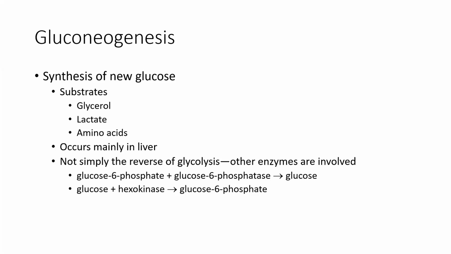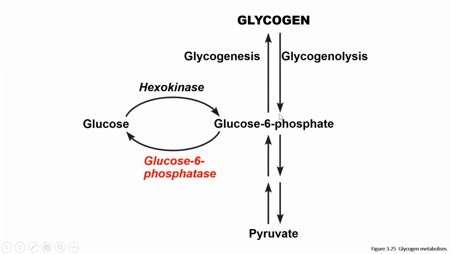This occurs mainly in the liver, and it's not just a reversal of glycolysis, but it's a separate series of enzymatic reactions with different enzymes altogether involved, okay? And you really don't have to focus on memorizing the details, but just understand that gluconeogenesis can use other substrates such as glycerol, lactate, and amino acids to generate new glucose that can be catabolized as a part of glycolysis, and then in turn drive cellular respiration as well.